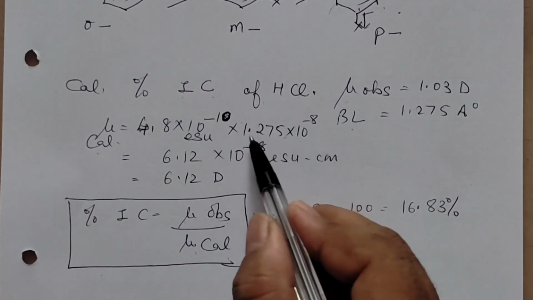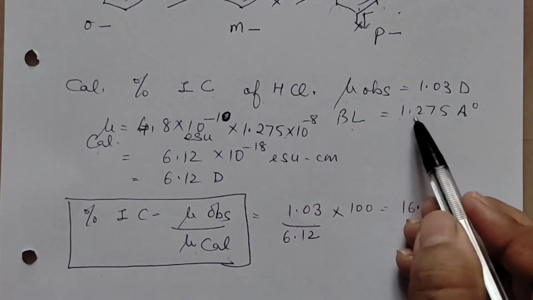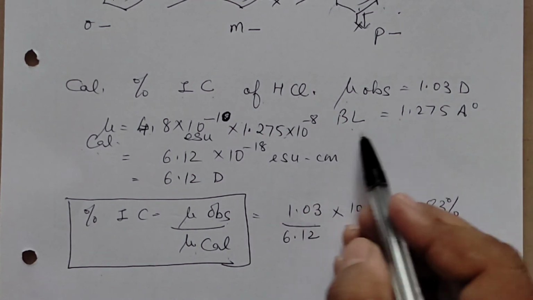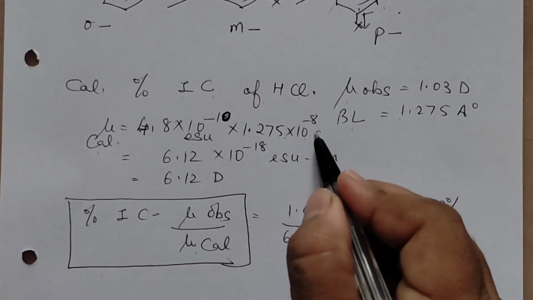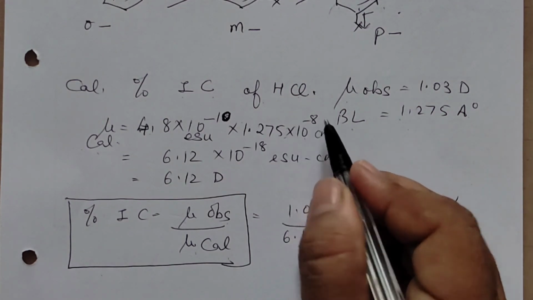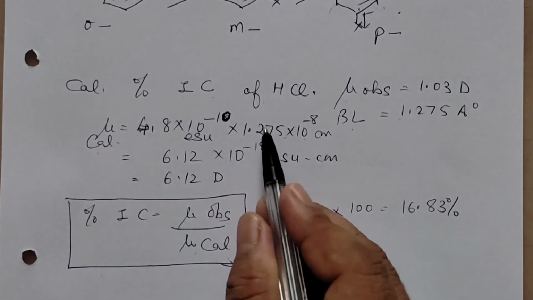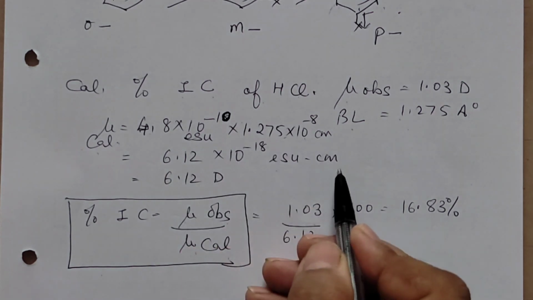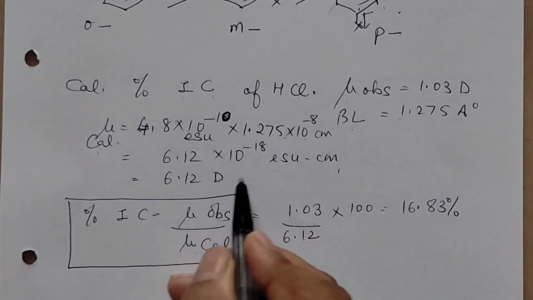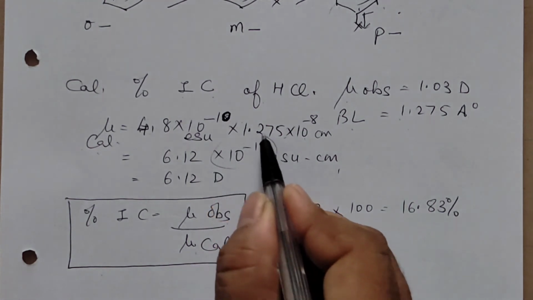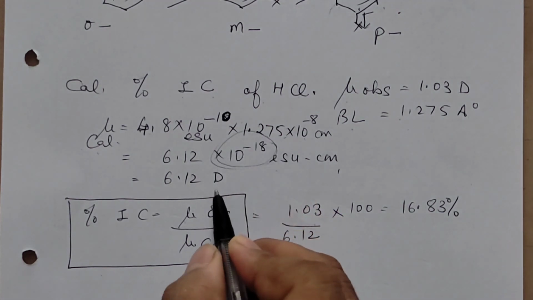And the distance is 1.275 angstrom. We will convert it into centimeter by multiplying with 10 to the power minus 8. When you take out the product, you get this much ESU centimeter. 10 to the power minus 18 ESU centimeter is nothing but 1 Debye.